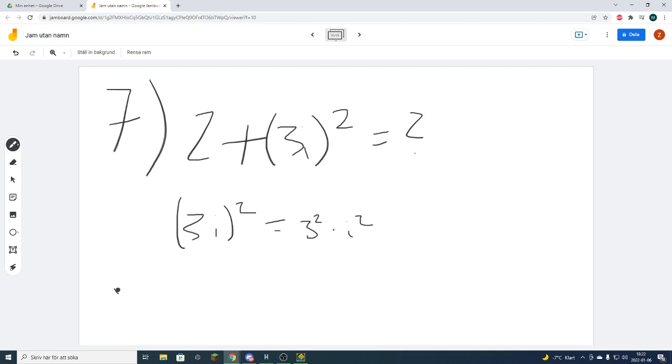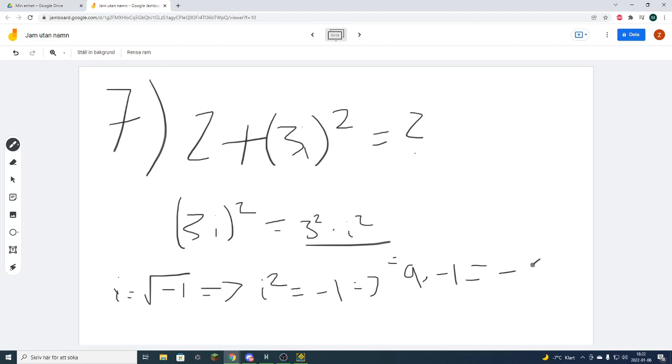Given that we know i is equal to the square root of -1, then per definition, i squared is equal to -1. And so this is equal to 3 squared times -1, and 3 squared is 9, so 9 times -1 is equal to -9.